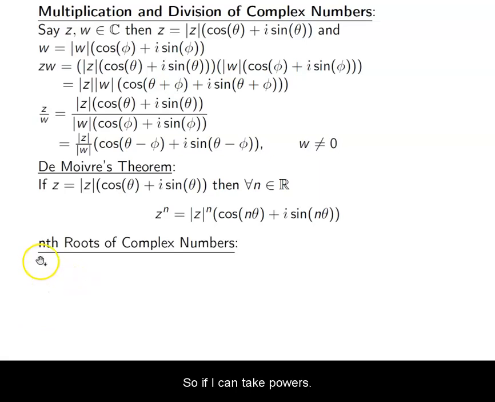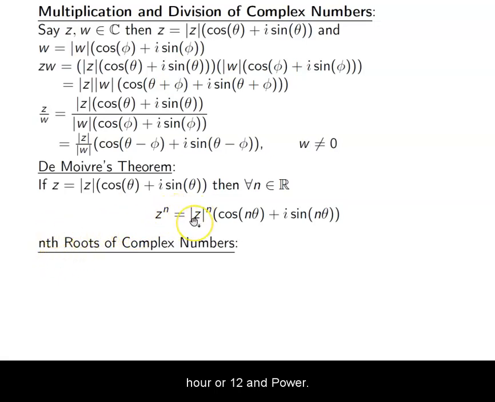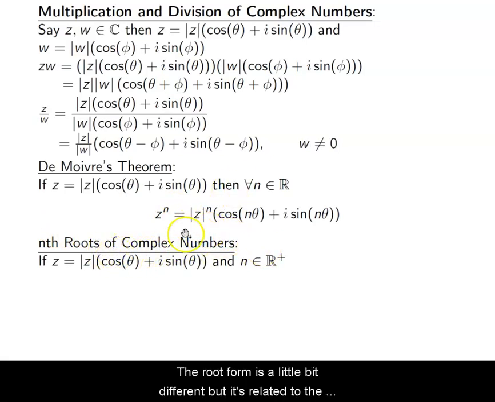Okay, so if I can take powers, I can also take roots, right? Because a root is just a half power or a 1 over n power. So the form for the root is a little bit different, but it's related to DeMoivre's theorem.